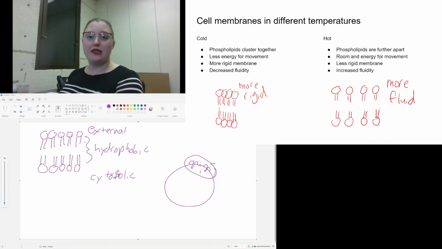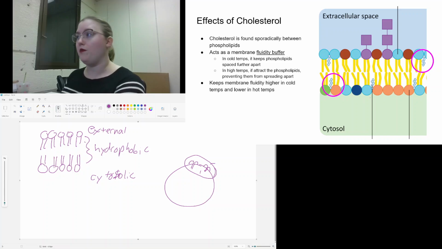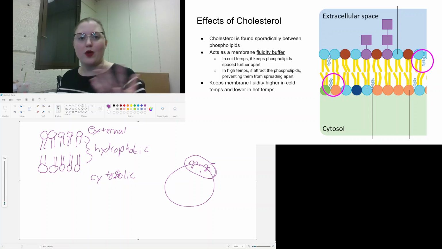Okay, and this is all considering that this is just phospholipids, but it's not. We also have cholesterol. Cholesterol is that other category of lipid made of ring structures instead of hydrocarbon tails. So we've got our cholesterol molecules here circled in pink, and cholesterol is pretty sporadically found throughout the membrane, and it acts sort of like a buffer.